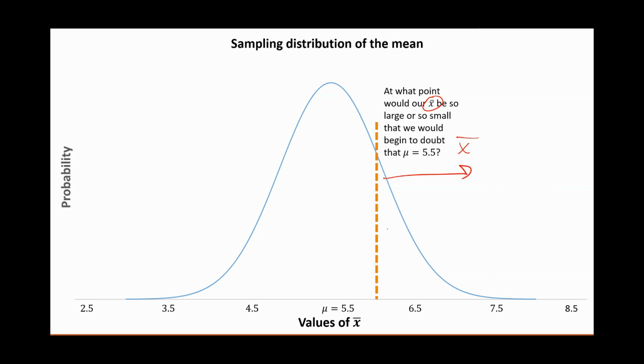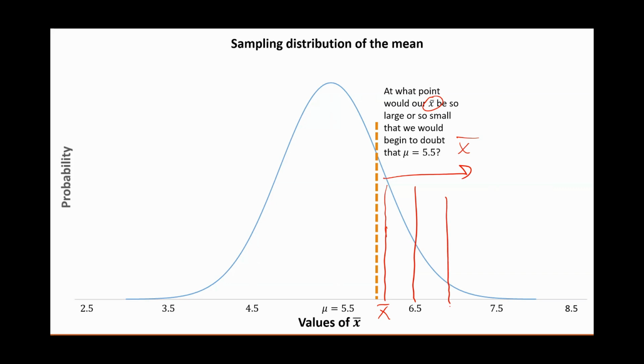If our sample mean was here, would we doubt it? What if it was here?